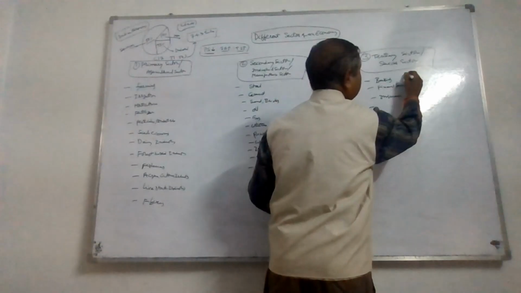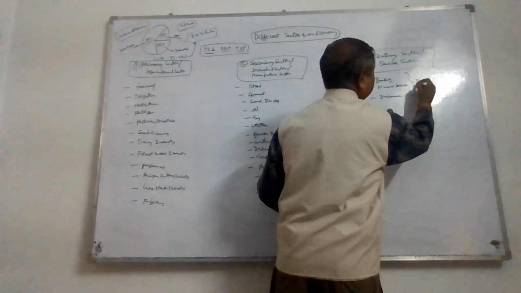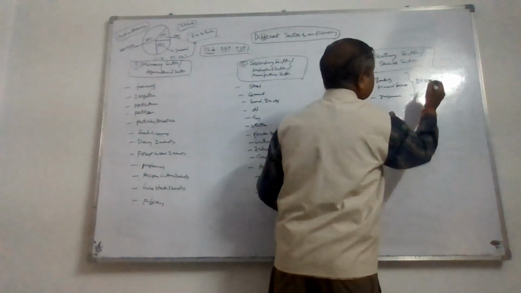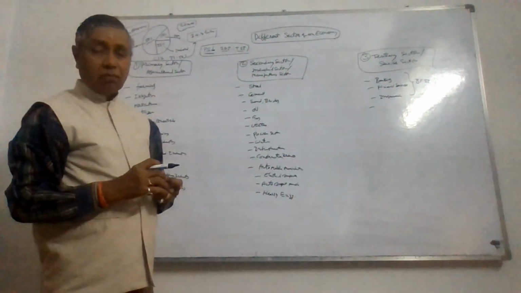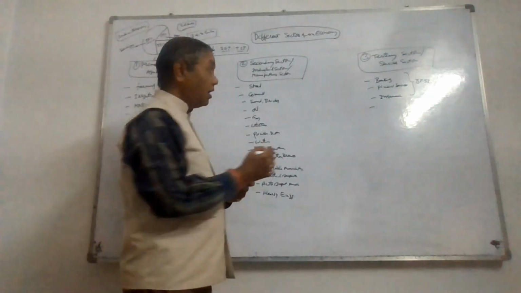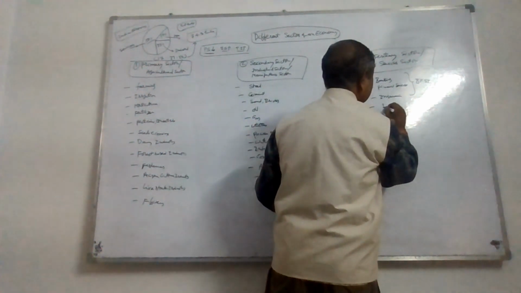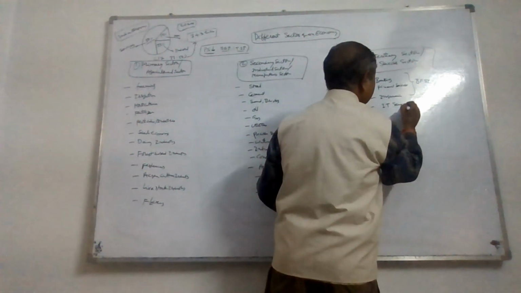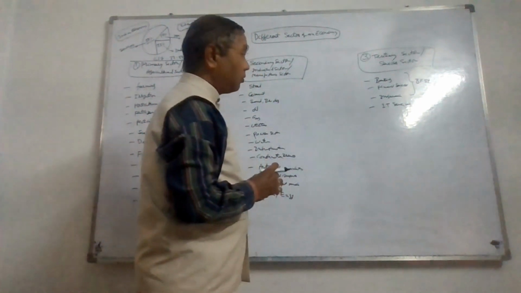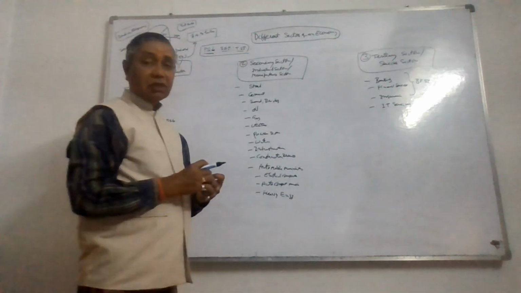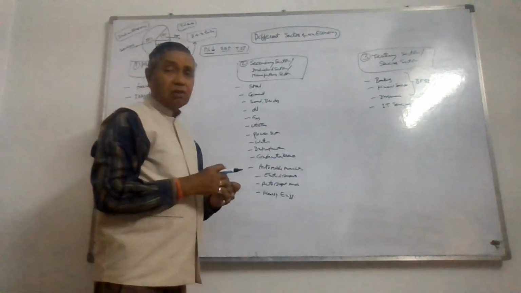All this put together is known as the BFSI sector. That means banking, financial services and insurance sector. Right, that is the services sector. Another one is IT services. This is also there, contributing significantly to the economy of emerging economies, particularly emerging economies, right?